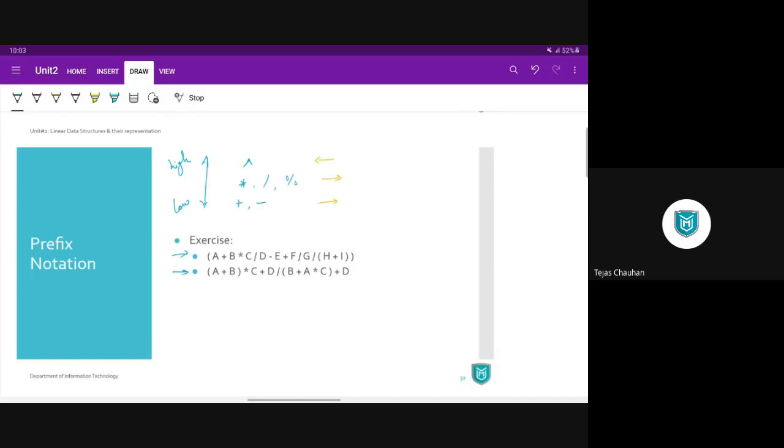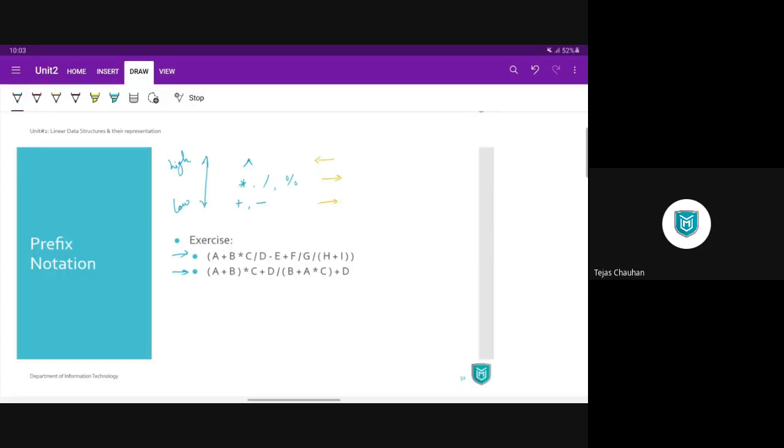Okay, now multiple students are posting their answers. Divide star BCD, and in front of it will be plus A. Divide star BCD, E, and minus will also be in front, that's fine. In front of this plus, that's correct.